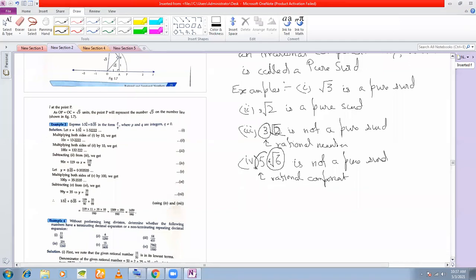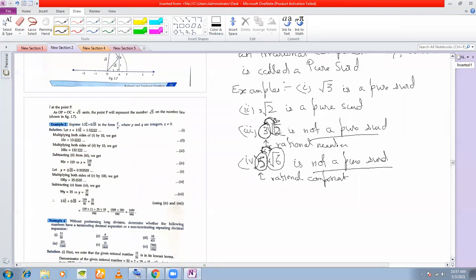But this is a rational number, right? See, this rational component is attached to this irrational component, and therefore it is not a pure surd. If you see here, 3 into root 2, you have a rational component attached to a surd. Therefore, it is not a pure surd.